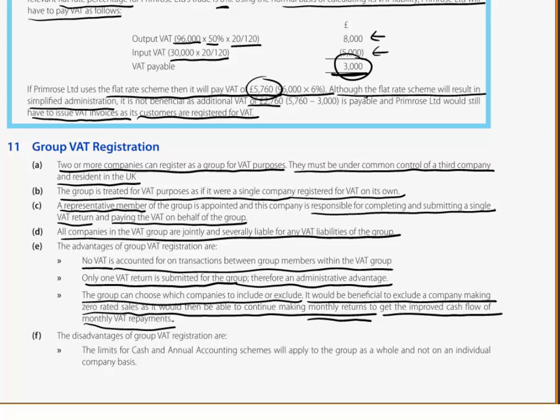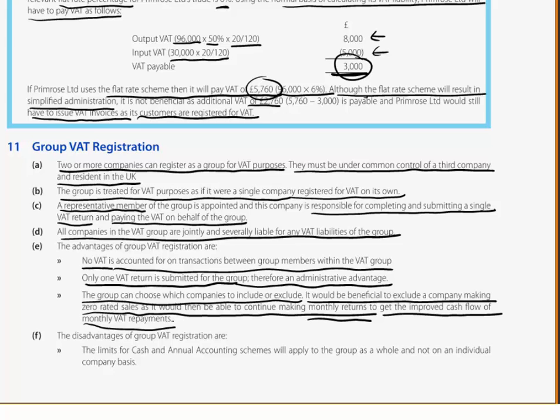Now we could maintain that by submitting individual monthly returns for that company and getting the repayments of VAT, while putting the other members of the group, or as many of them as we choose, into the group VAT registration, and then submit those group VAT returns on a quarterly basis. So we pay them on a quarterly basis, they pay us, in terms of the company making zero-rated sales, on a monthly basis. Therefore, cash flow, it's a good idea.